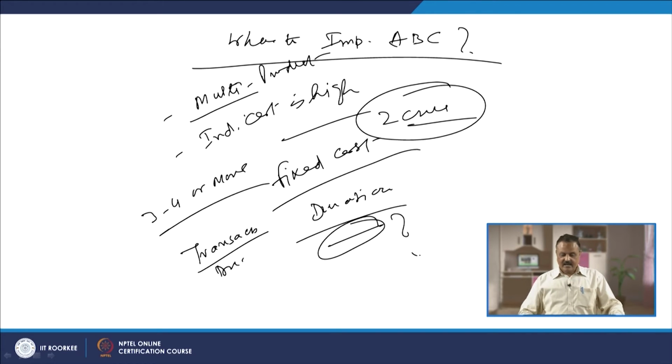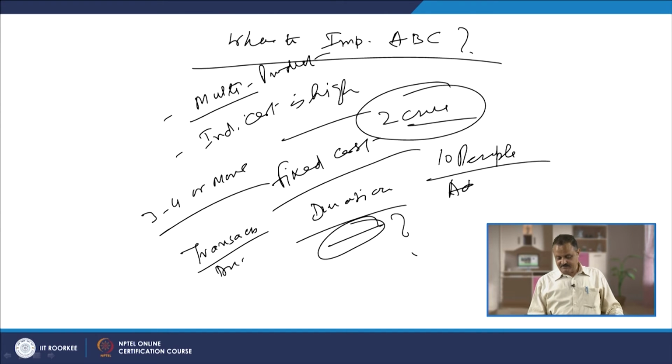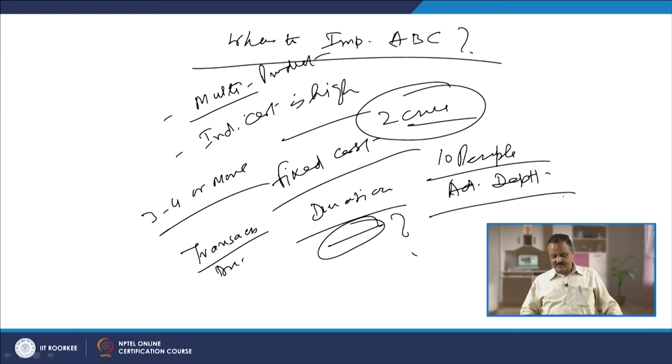I told you earlier in the previous classes, for example, there are 10 people working in the administrative department, and they deal with all 4 products.